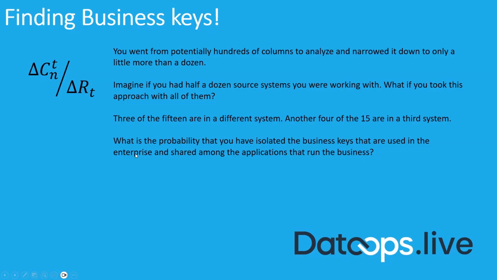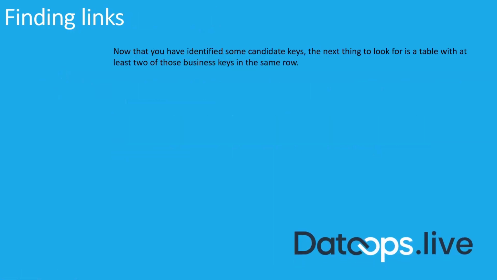And then again, you've got a high probability that you've really narrowed it down. This approach may miss some. I'm not claiming it's 100% accurate, but there's a good chance that if you take this approach, you're going to be very close to finding business keys.